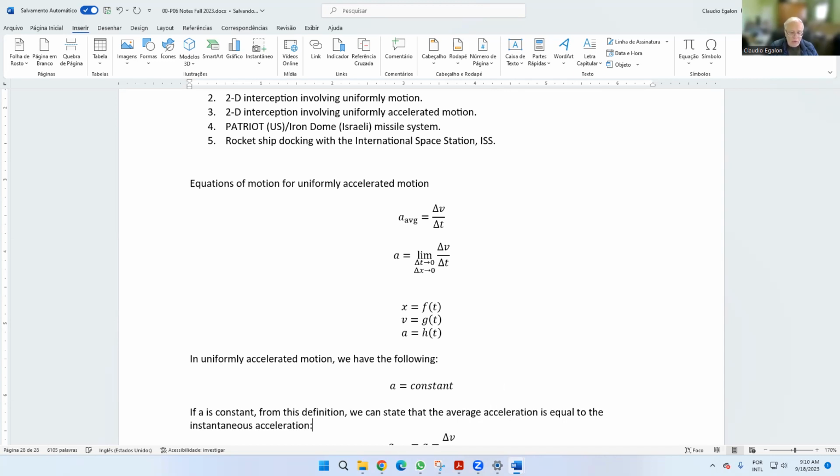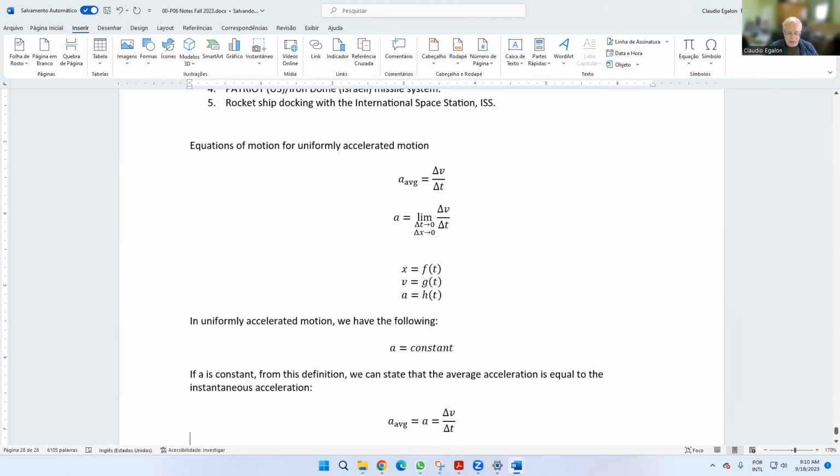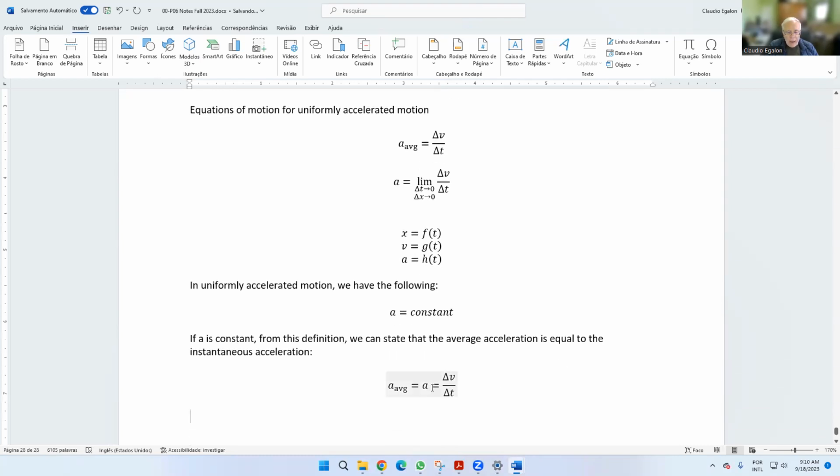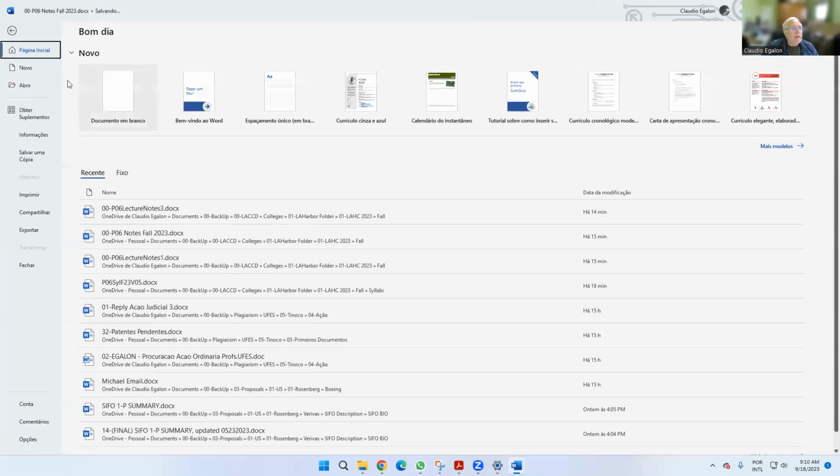So we use our equation of average acceleration and write that down as being equal to the instantaneous acceleration. I'm going to spell out what delta V is, remember that, and then I'm going to spell out what delta T is as well.